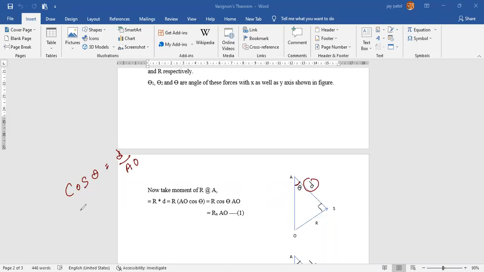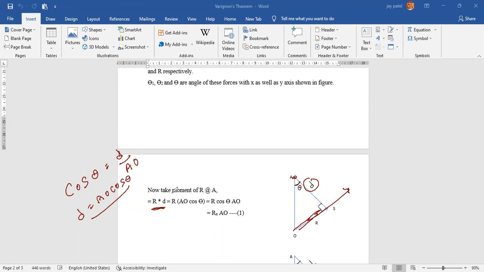So from that, can I calculate D equals AO cos theta? Okay? Now take moment about point A. This is your resultant force R, and this is your distance, which is perpendicular. So moment about A is nothing but R into D. Yes or no? Everybody with me? Moment about A equals R into D. Is it clear or not? Please confirm.